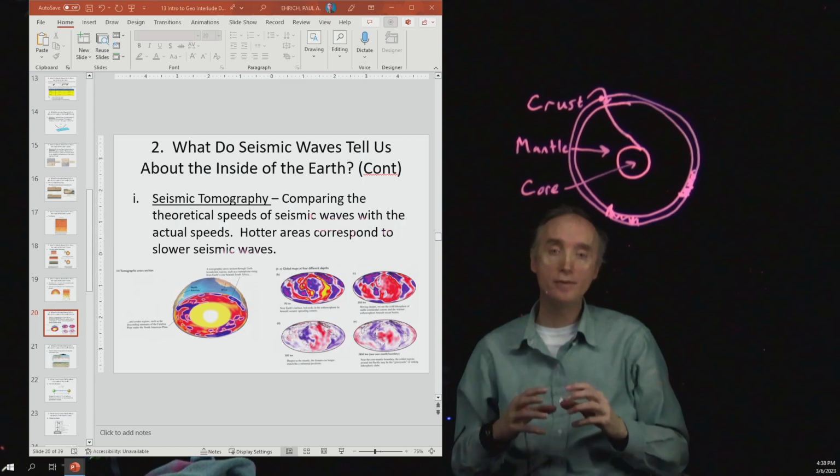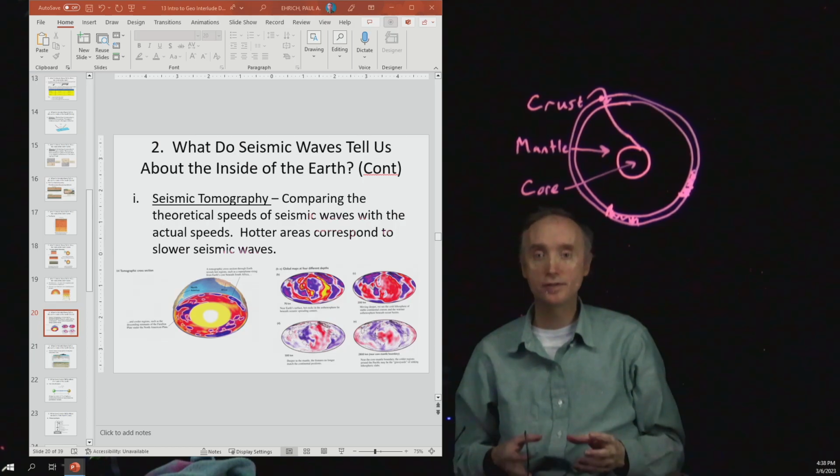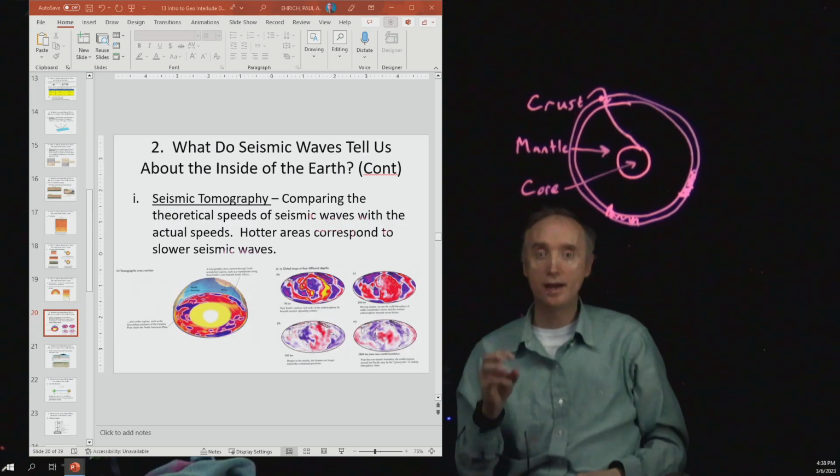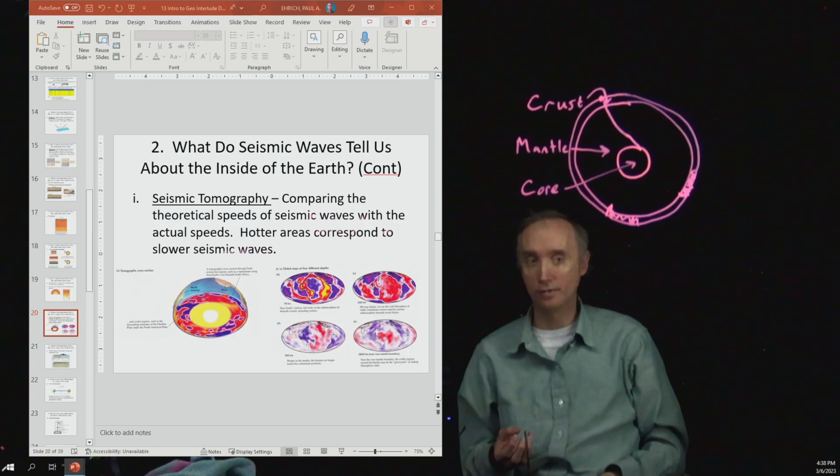Okay, and so they made a map of the inside of the Earth, which is illustrated by that picture over there on the left. The areas that are red indicate areas that are very hot on the inside of the Earth.